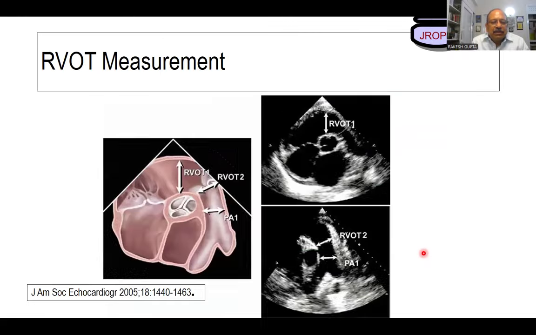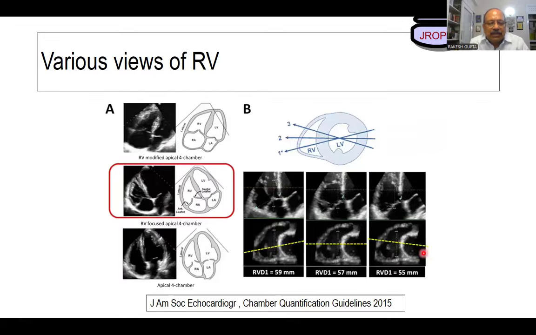The take-home message is to look at these three views. I'll show you all three. This is the conventional four chamber view, where we see the LV in the apex. This is a bullet-shaped LV with a triangular RV. This is modified, where the LV apex disappears. Now, the focused RVRA view is where the LV apex does not disappear.